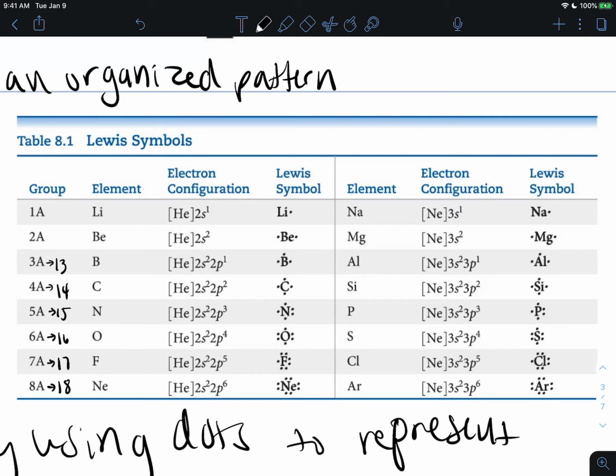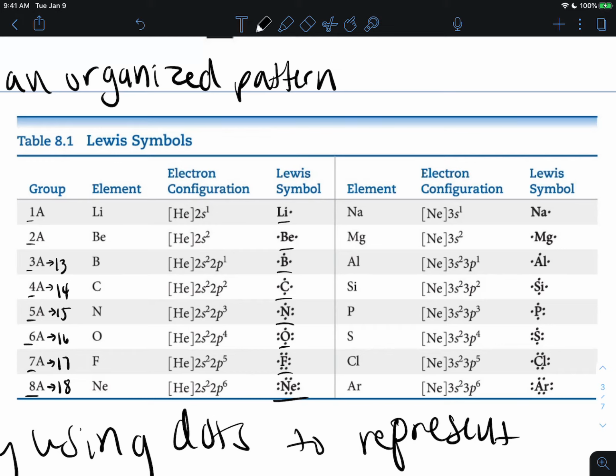So we have groups 1, 2, 13 through 18, and these are our main group elements. So those include our main group elements, and we can see going from 1 to 2 to 3 to 4 to 5 to 6 to 7 to 8 valence electrons in our Lewis symbol as we go from group 1A to 2A to 13 to 14 to 15 to 16 to 17 to 18.